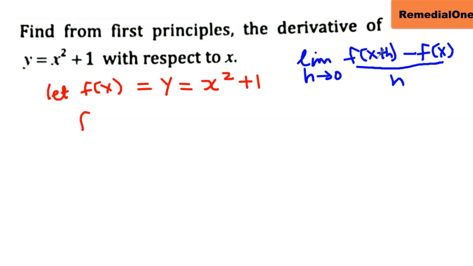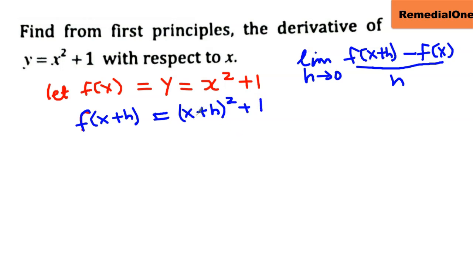So we need our f of x plus h. Wherever we see x, we are just going to replace it with that. And we bring our square and then plus 1.